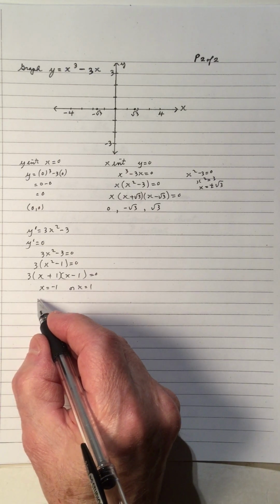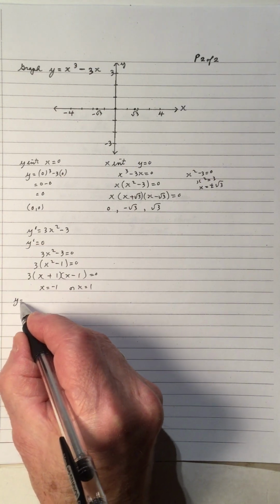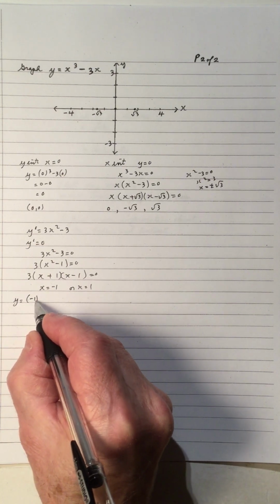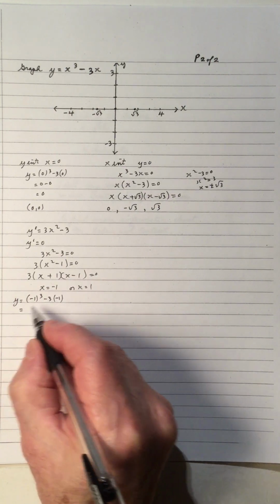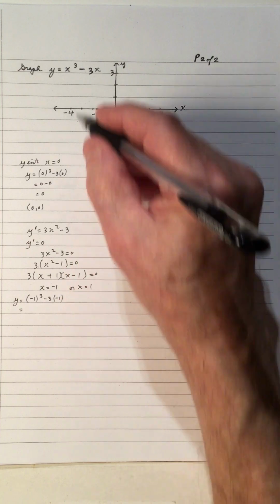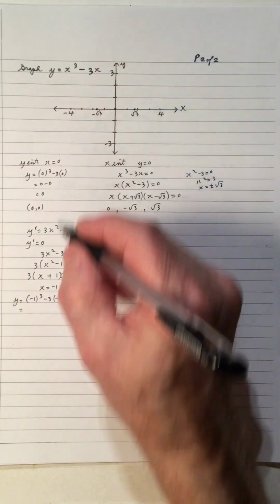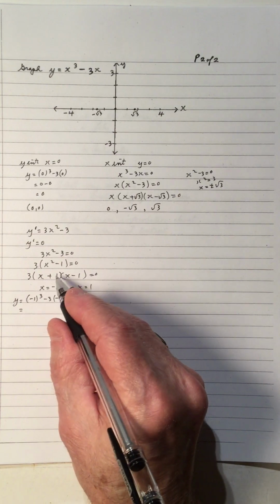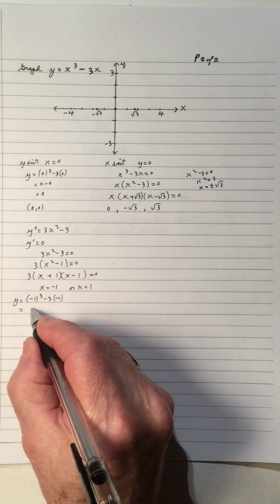So let's plug in where x is negative 1. So y equals negative 1 cubed minus 3 times negative 1. We're plugging x equals negative 1 into this cubic equation to find a point on the graph where this point is going to be a maximum or minimum. We'll see in a minute.